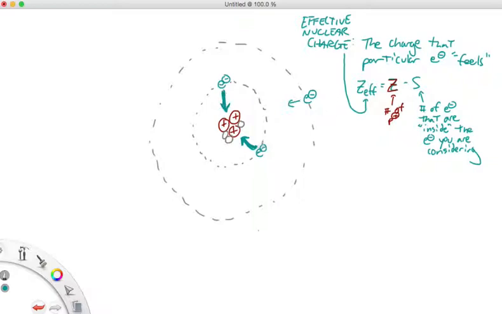Okay, so these electrons would have greater effective nuclear charge than this electron out here, this poor soul that's stuck on the outside. Oh, poor electron. So that's the main idea, is that the closer you are, the more effective nuclear charge you have as an electron. So the further out you go, the less effective nuclear charge this electron has, and the less attraction it has to its own nucleus.